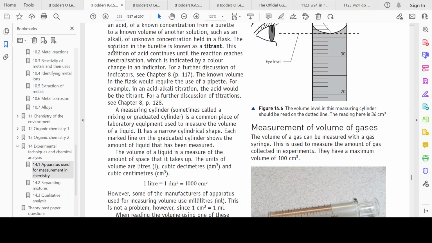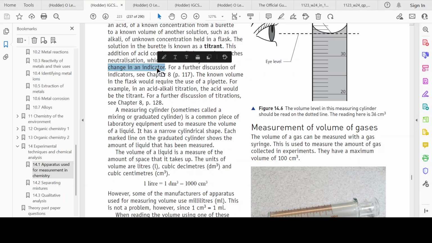Okay. The solution in the burette is known as the titrant. This addition of acid continues until the reaction reaches neutralization, which is indicated by a color change in an indicator. Normally what you do is you add the acid to the burette and you use a pipette to measure out a volume of the alkali.